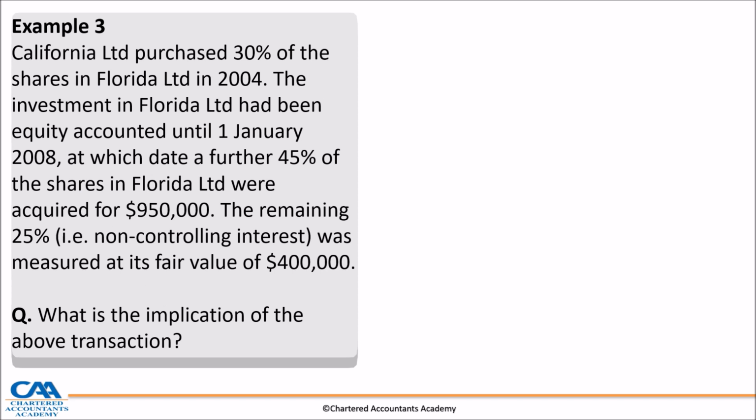Example 3 talks about California Limited, which bought 30% of the shares in Florida, and on 1 January 2008, at which date a further 45% of shares in Florida were acquired.